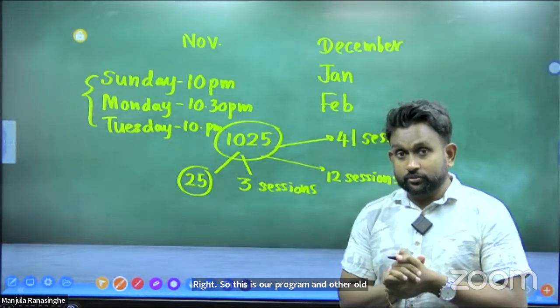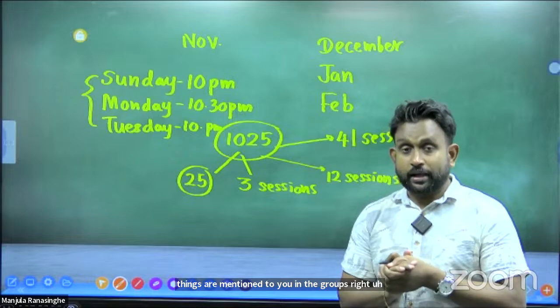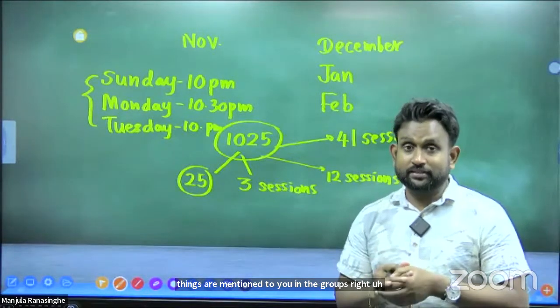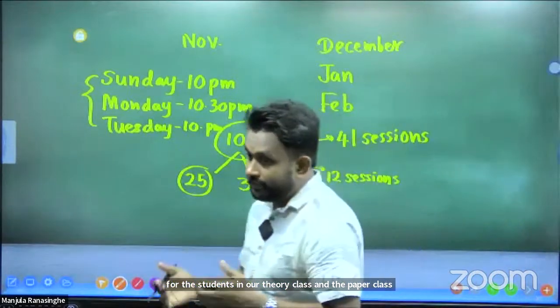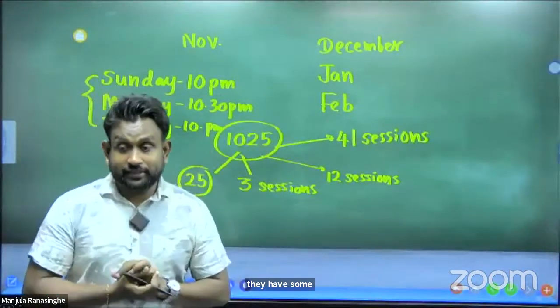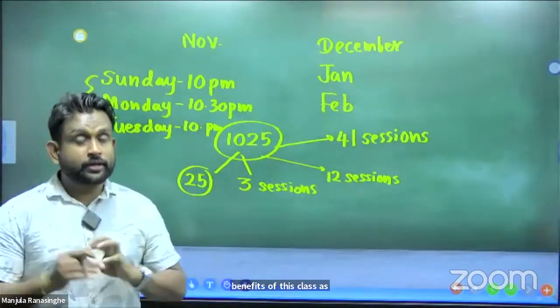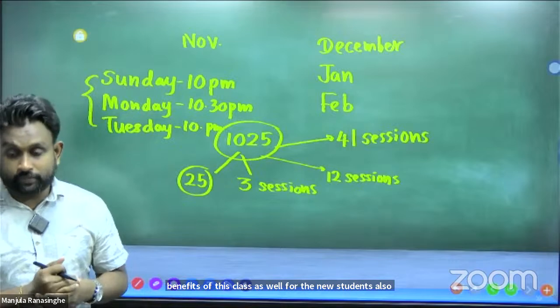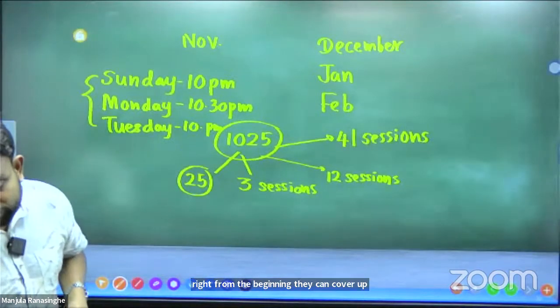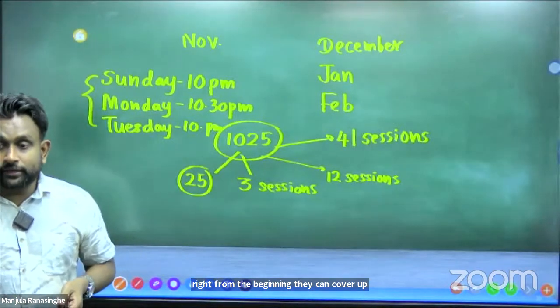The students in our theory class and the paper class have some benefits from this class as well. The new students also, right from the beginning, can cover a big part throughout this process.